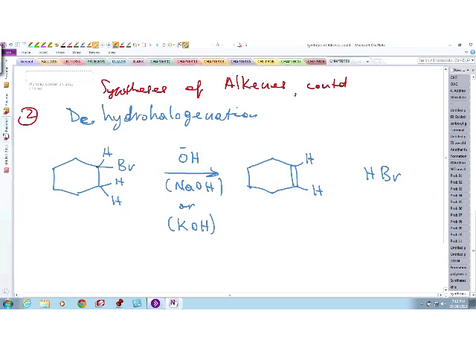So in essence, the next process here, we are removing hydrogen bromide from here. If we have potassium in there, this becomes potassium bromide plus water.